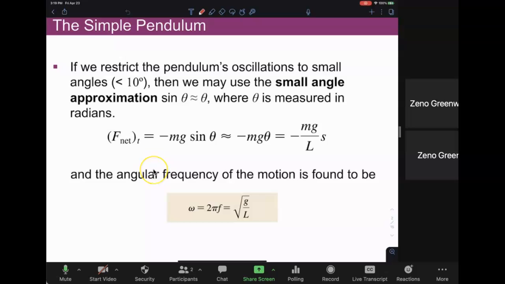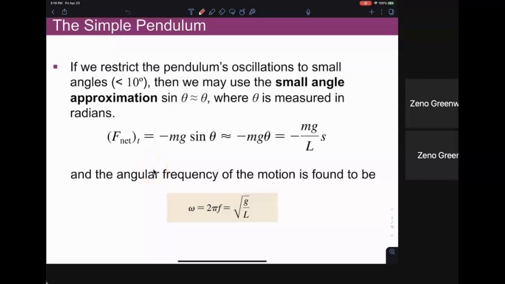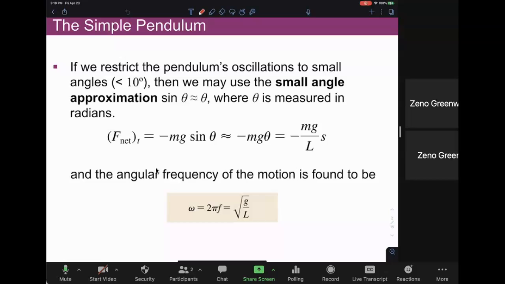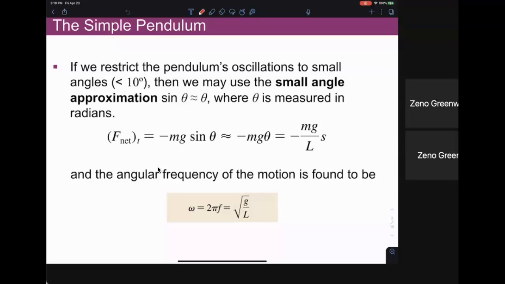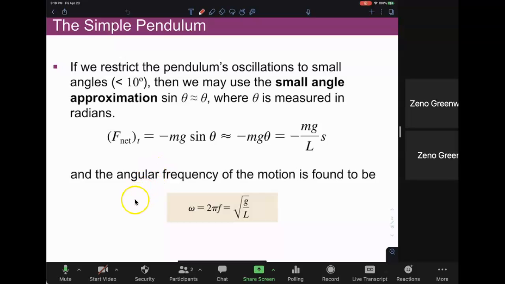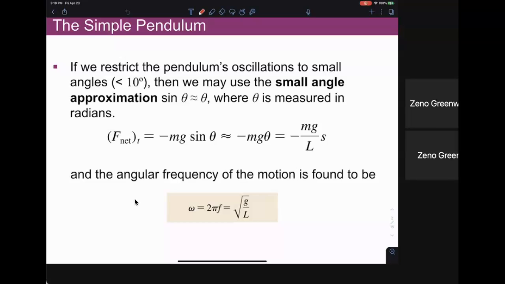And theta, then, we can replace with S over L. So the net force is equal to minus mg S over L. And the angular frequency of the motion is found to be 2 pi f, which is equal to the square root of g over L.